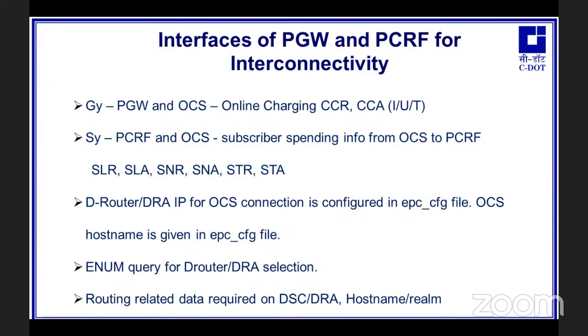The OCS hostname is given and needs to be configured also. ENUM query for DRA D router selection, because realm based routing needs to be resolved with the IP addresses. And routing related data is required to be configured, basically the same thing we need to configure whenever we are talking about any diameter related thing. Its routing needs to be ensured in DRA and DSC both.